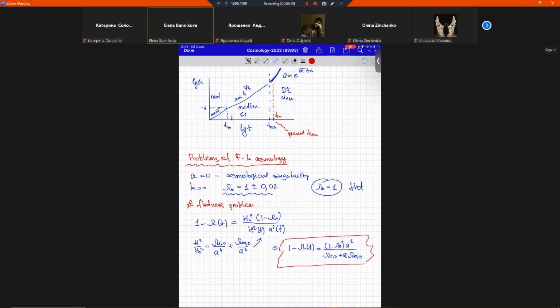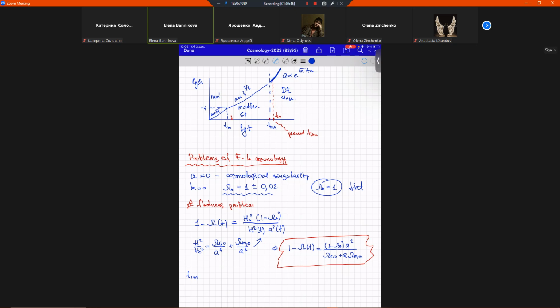So look, for example, I want to see how it was at the moment of time t_rm. This is exactly when we pass from the radiation stage to the matter stage.